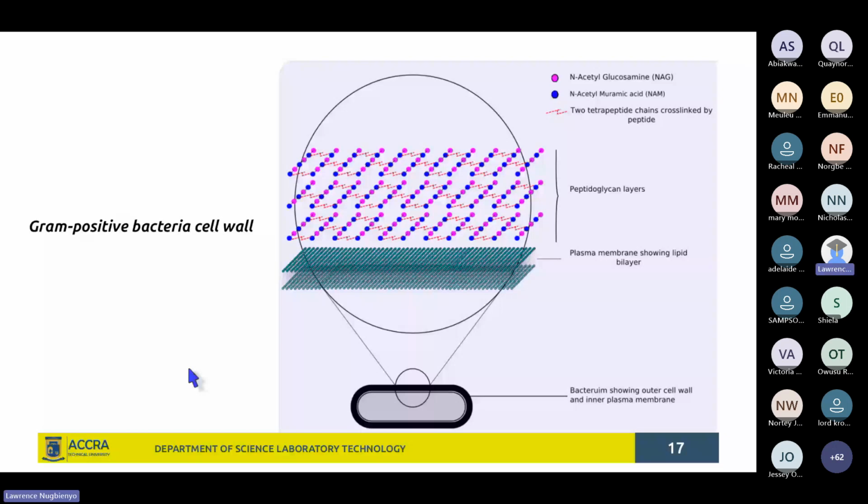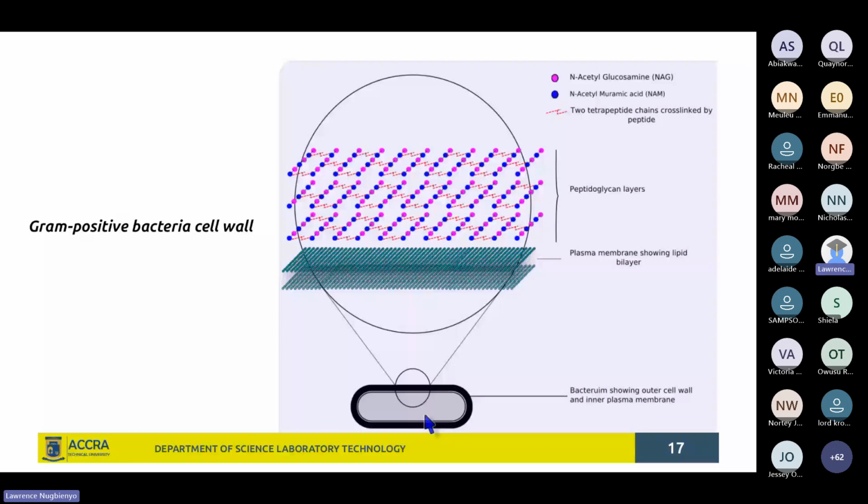So first of all, let's take a look at the general structure of a bacterium. If we're just taking some bacillus, the very dark, thick black portion of that bacterial cell is the cell wall.